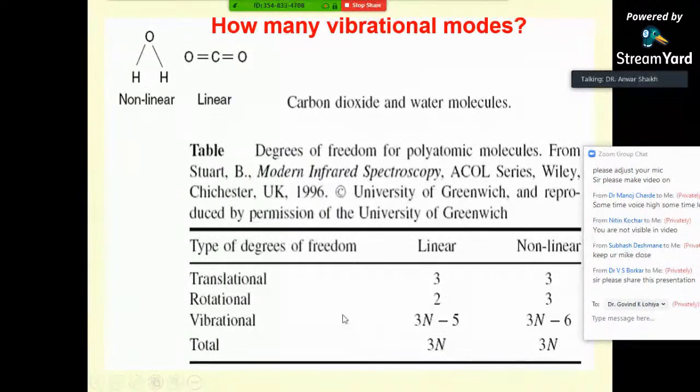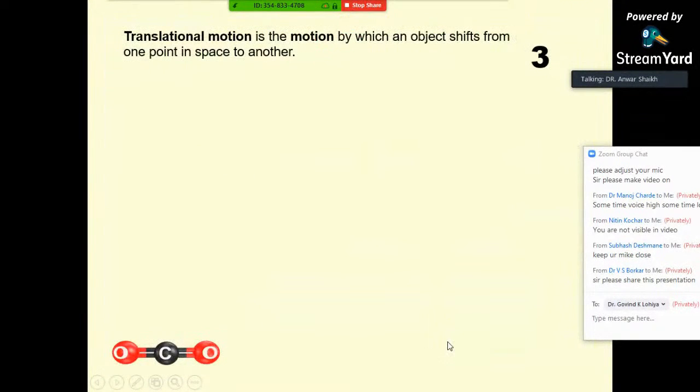All the atoms will be translating, rotating and vibrating. So the total degree of freedom of the whole molecule containing n atoms will be 3n. Always remember this 3n.